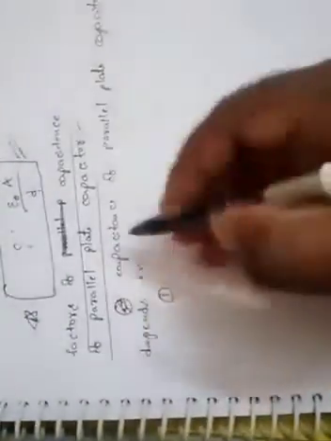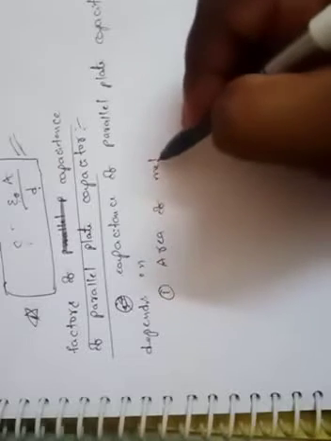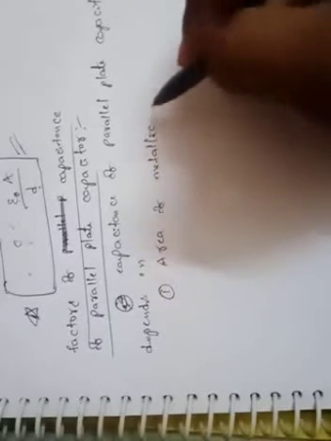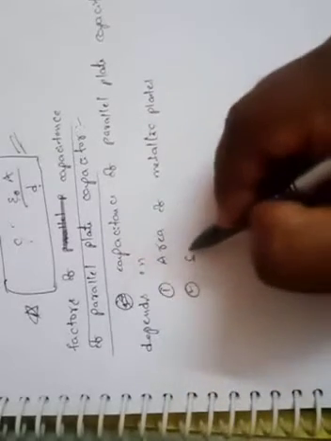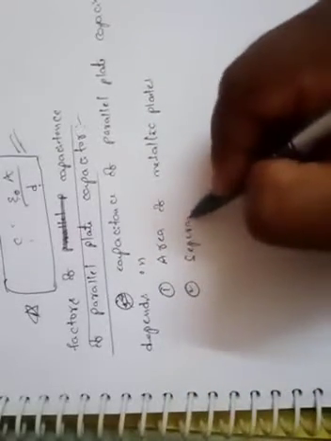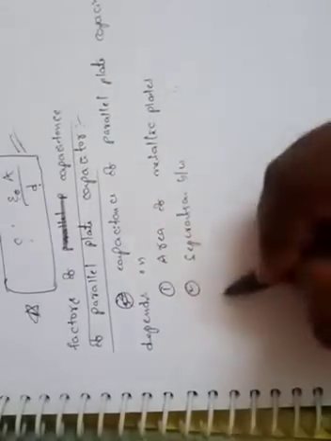What is the first one? Area of metallic plates. Separation between the two plates, or separation between metallic plates.